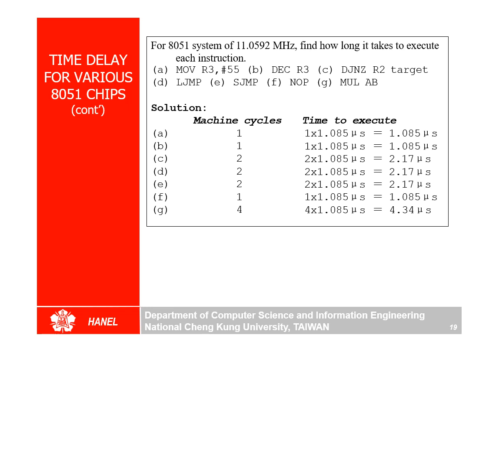So 1 multiplied by 1.085 microsecond. Now, for example, MUL AB. How many machine cycles are required? It will be given in the question. Here it is 4 machine cycles. So 4 multiplied by 1.085 microsecond. Like that you can calculate the time required for completing an instruction.